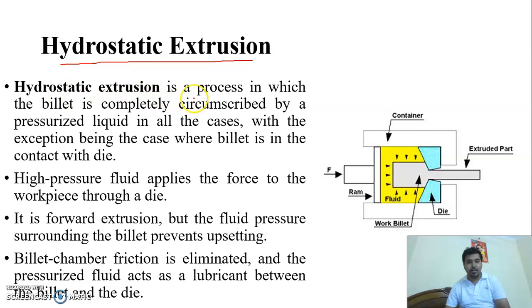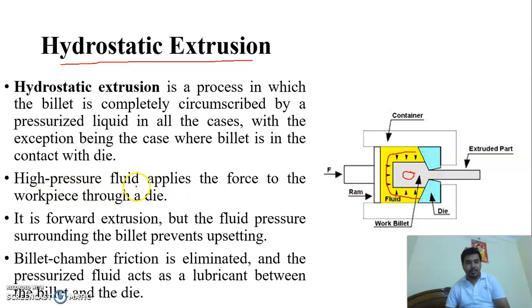Hydrostatic extrusion is a process in which the billet is completely circumscribed by the pressurized liquid in all cases, the exception being where the billet is in contact with the die. Here this is the billet, and this is a fluid surrounding the billet, but one part of the billet is in direct contact with the die.